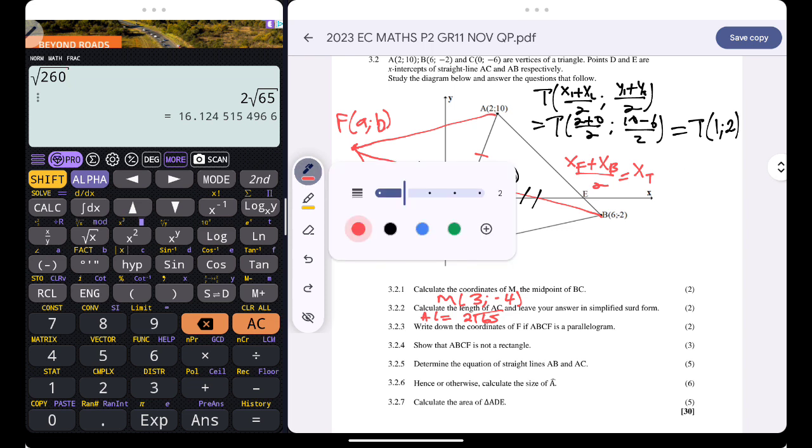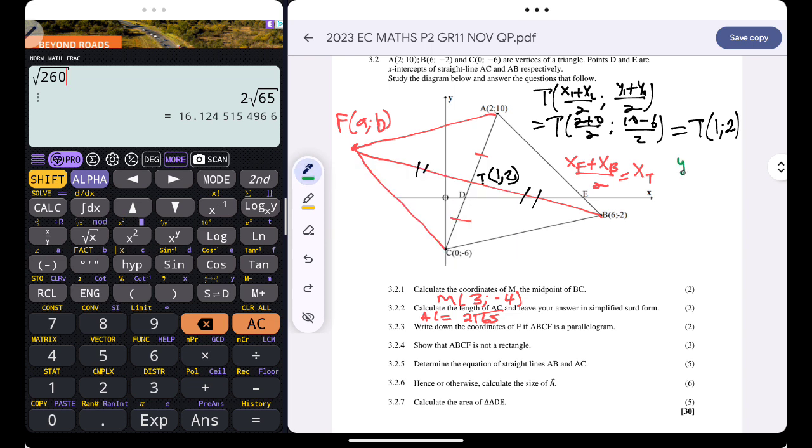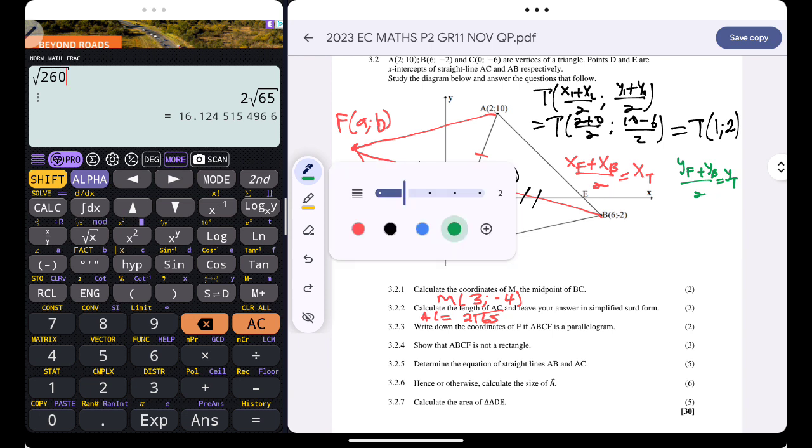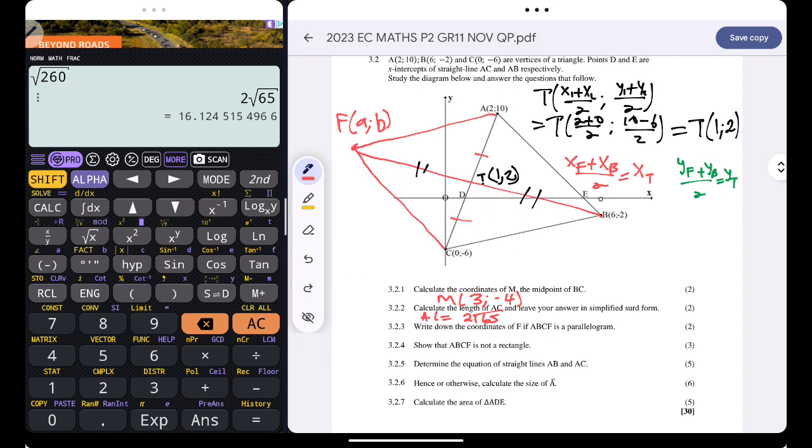Let me write y in green. Y value at F plus y value at B all over 2 will always give me the y value at the midpoint. So now all I need to do is to just simplify. I don't know the x value at F. Okay, I call it A. So I'll simply substitute A there.